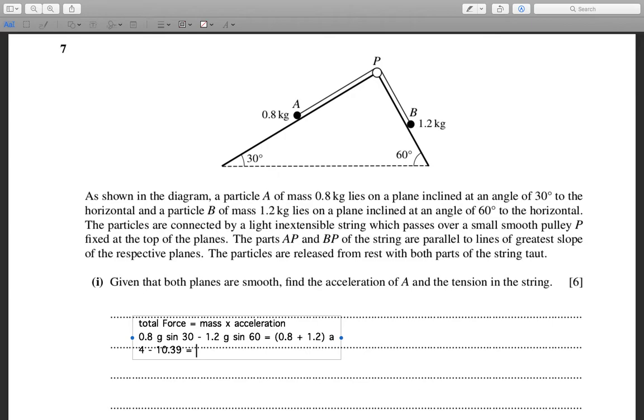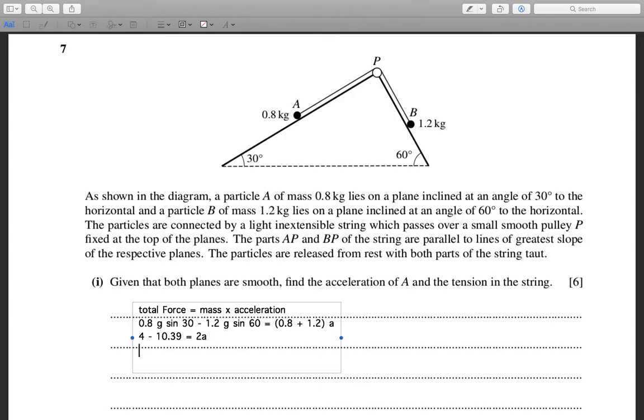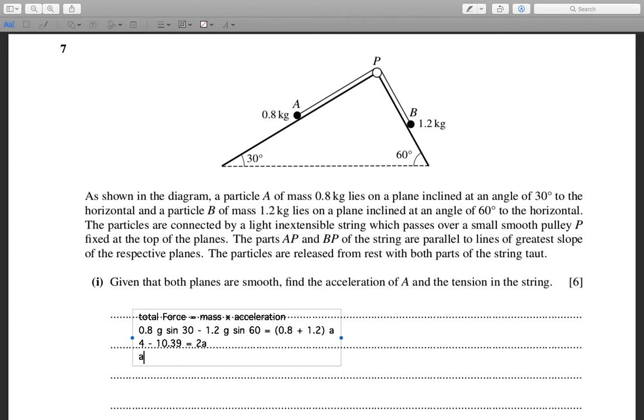So minus 4 minus 10.39 equals 2a. That gives a, and we calculate 6.39 divided by 2, okay, 0.31.